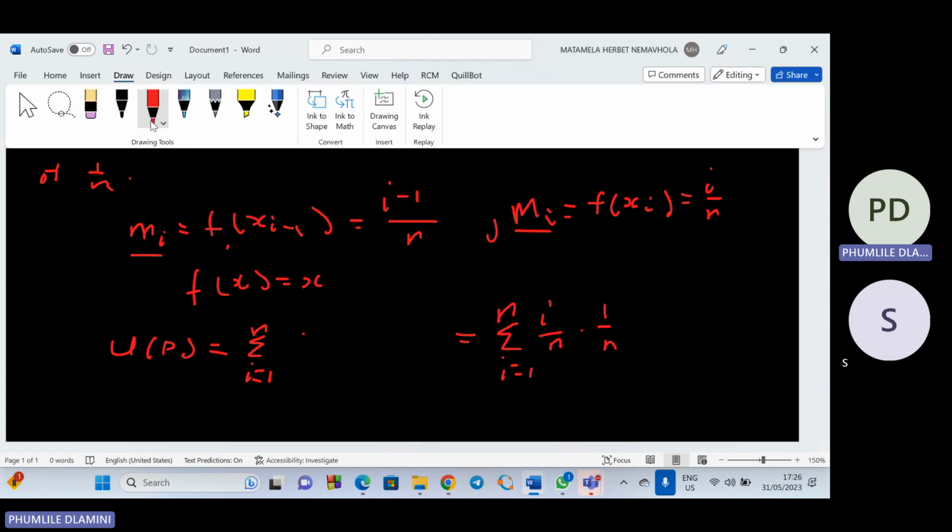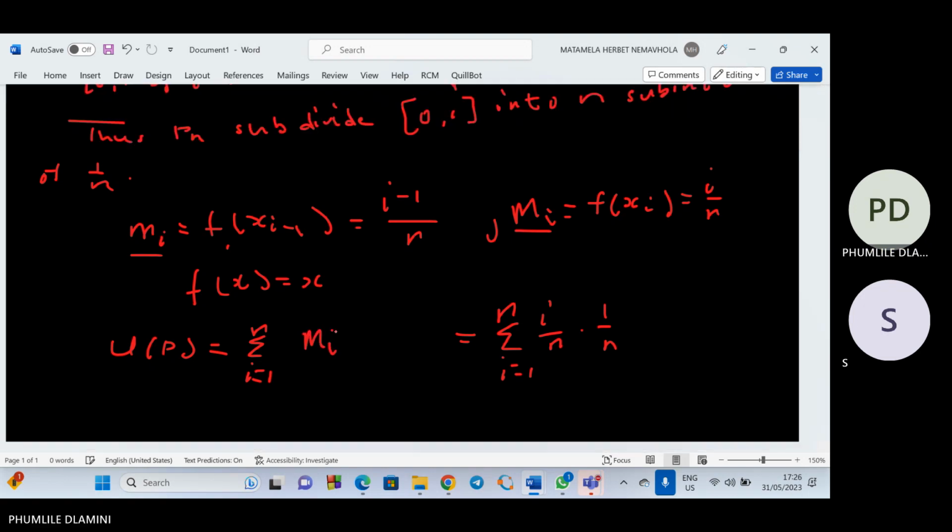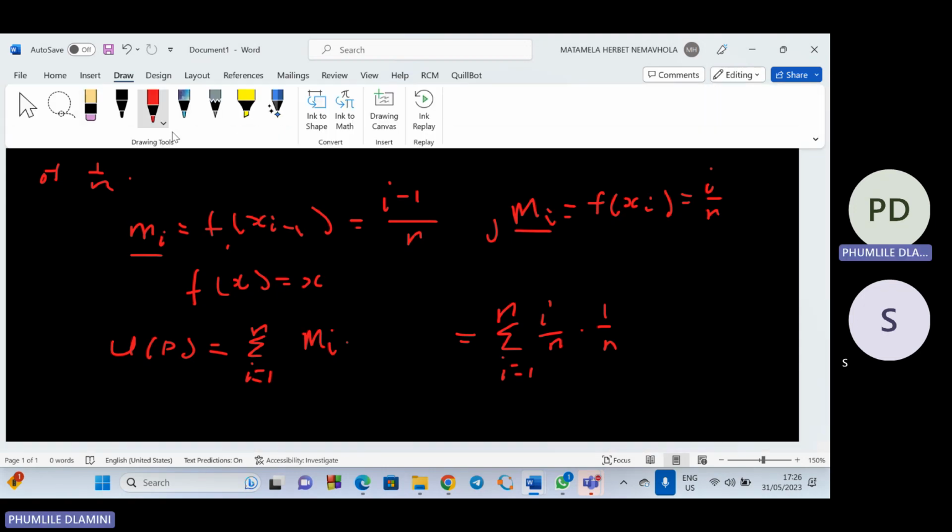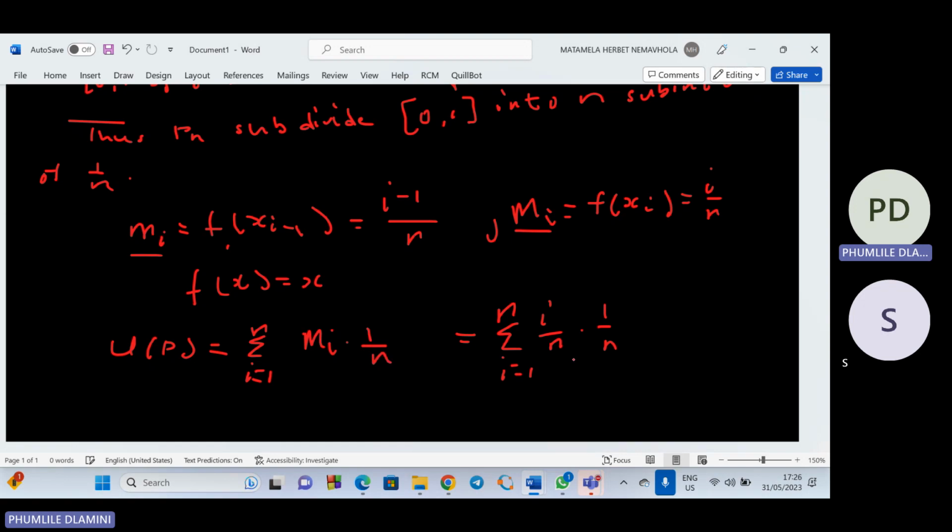So I'm just going to say this is Mi times delta P, which is 1 over n, the subinterval. Now you will see that we are going to have 1 over n squared outside, because this is just a number, times the sum from i equals 1 to n of i.